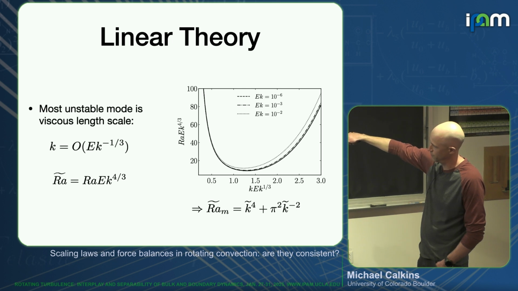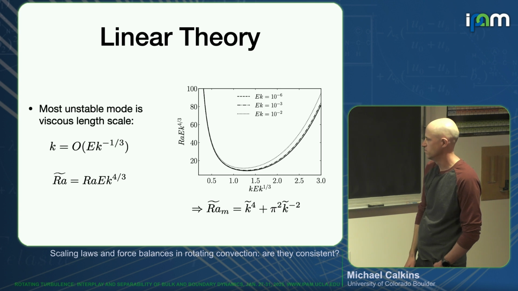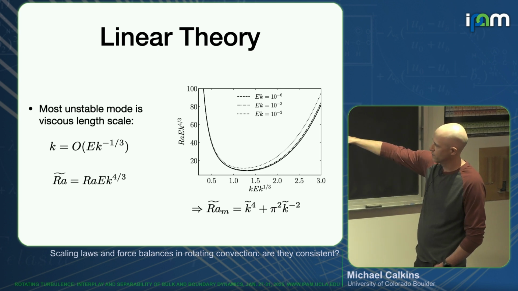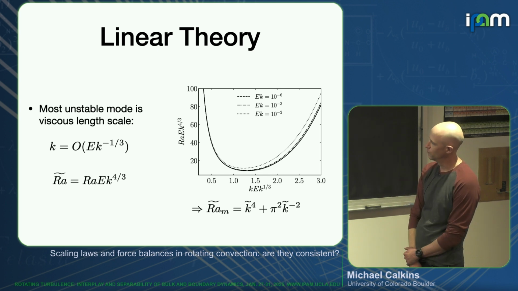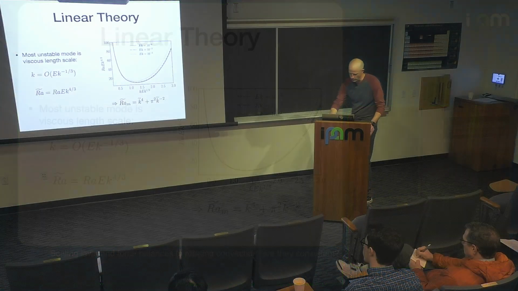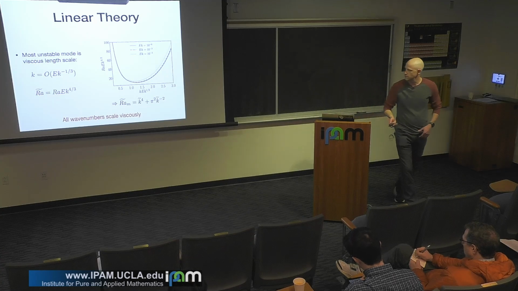You can't actually make out the difference between that and the 10 to the minus 6 Ekman number curve. In other words, all of these wave numbers inside this unstable region on the marginal curve are scaling like Ekman to the minus 1/3, not just the minimum. And this is important, I think, with regards to interpreting the asymptotic theory.